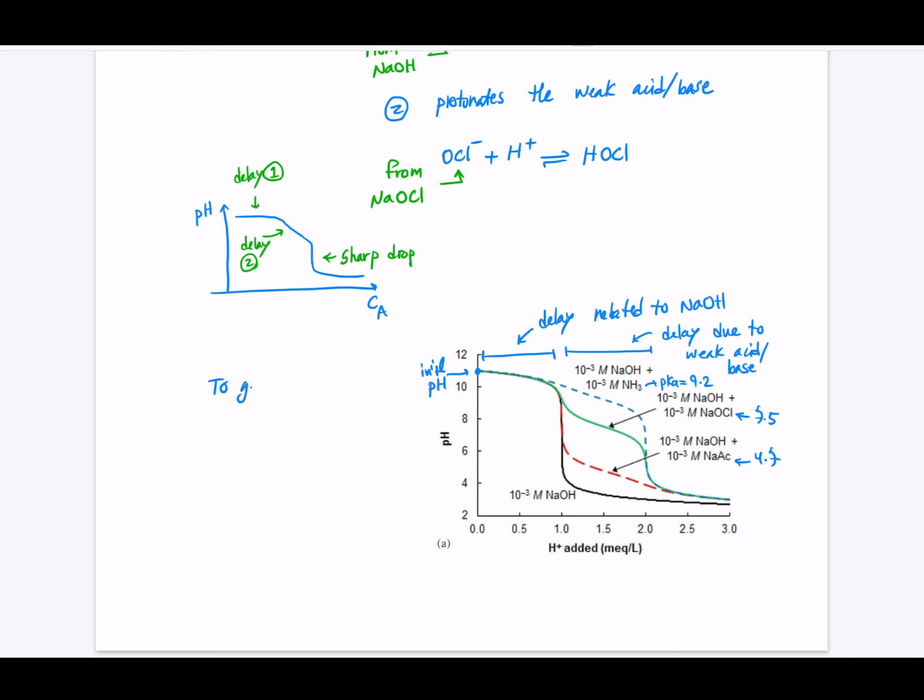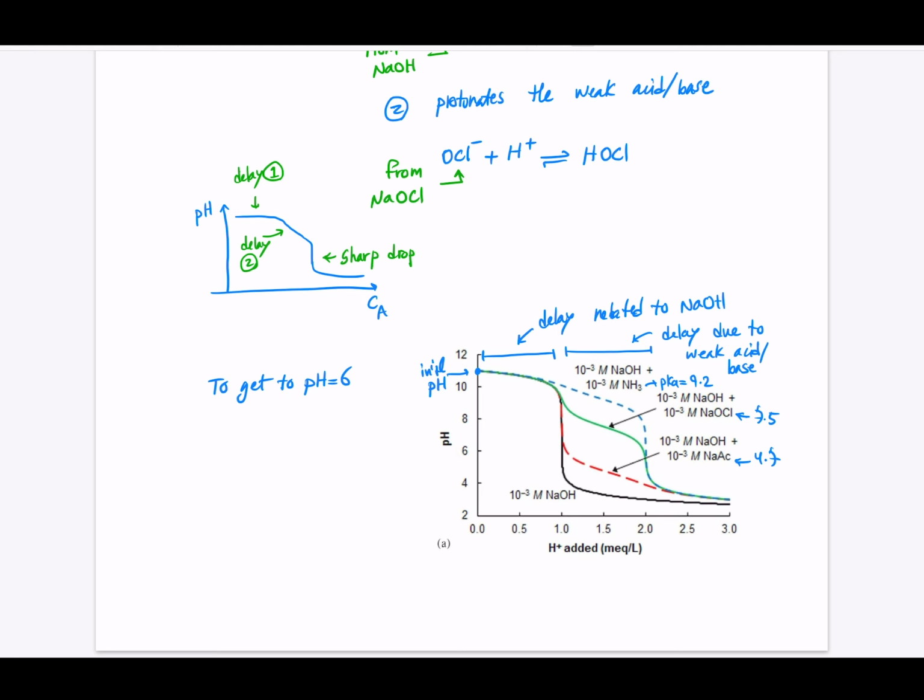So to get to pH 6, you're expecting more of the resistance you have. Definitely you need more acid to be added. But now we want to see the difference between different weak acids.